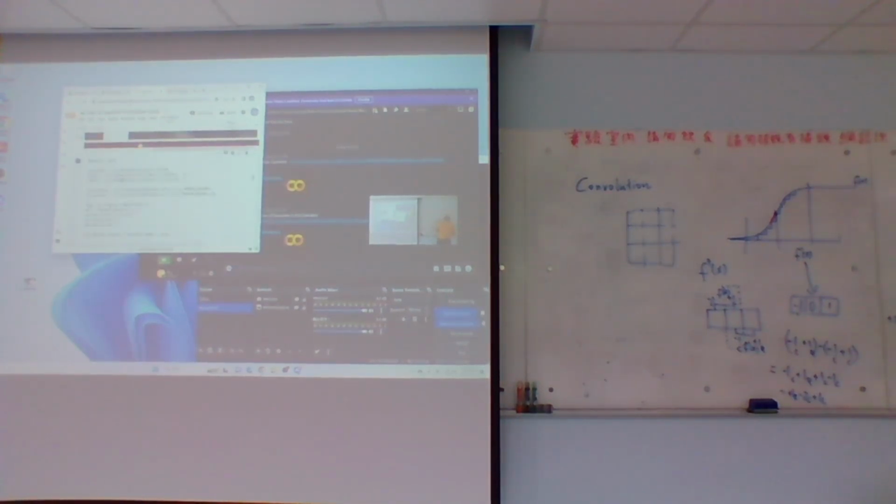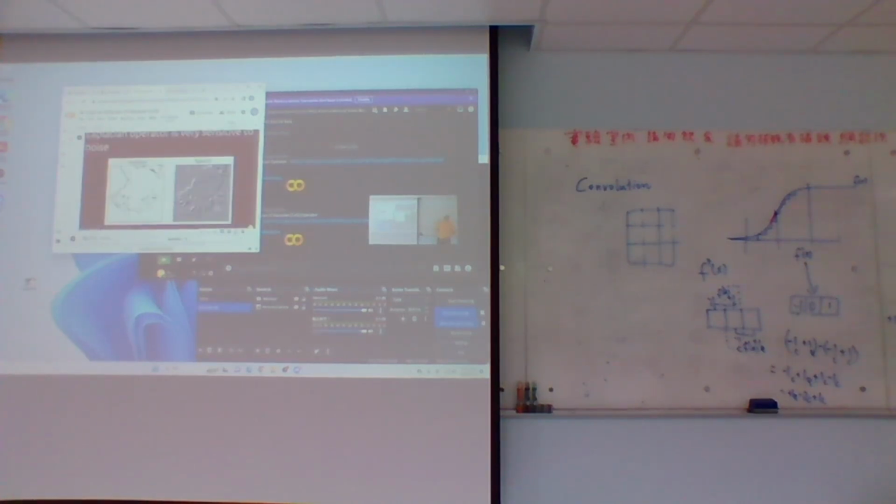And then we can apply our edge detector. And here's the output of our Laplacian.